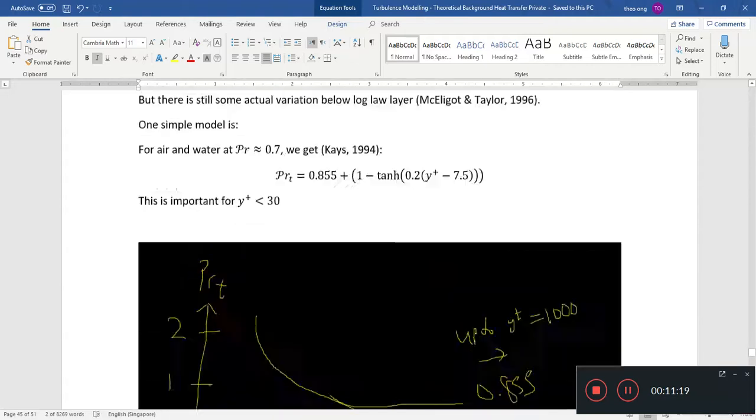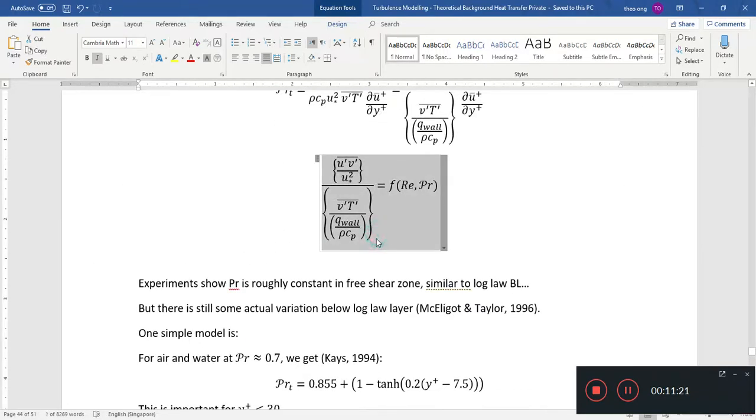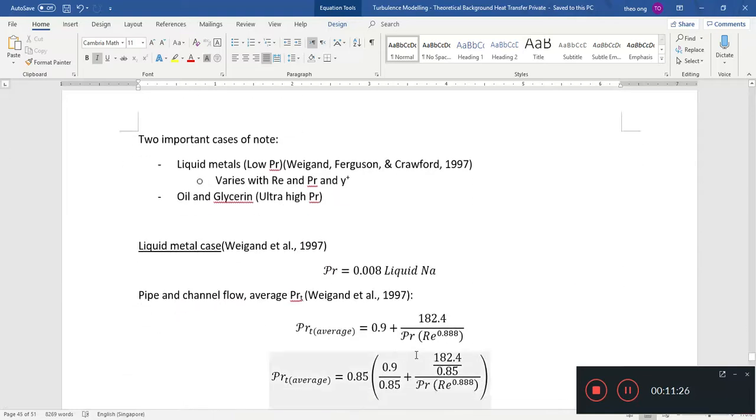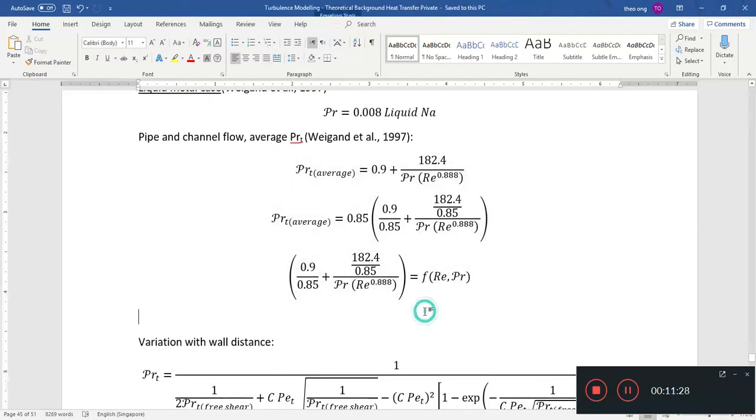I guess you could separate it out, but again, this is not fully accurate, of course, because for liquid metals, the log region has funny shapes.